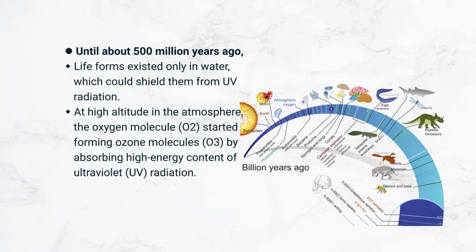At the same time, at high altitude in the atmosphere, oxygen molecules started forming ozone molecules, that is O3, from O2, by absorbing the high energy content of the ultraviolet radiation. So in the course of time, large quantities of ozone accumulated in the higher strata of the atmosphere and created a shield against the harmful effects of UV radiation.